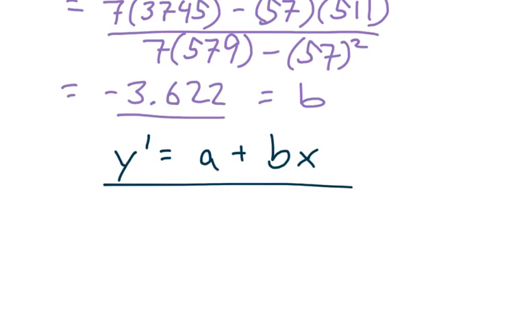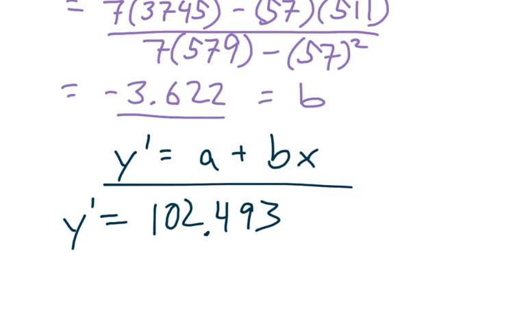All right, so our final answer is going to be just substituting in 102.493 in place of A, and then what in place of B? It was negative 3.622. And then it's an equation, so we have both variables in it.